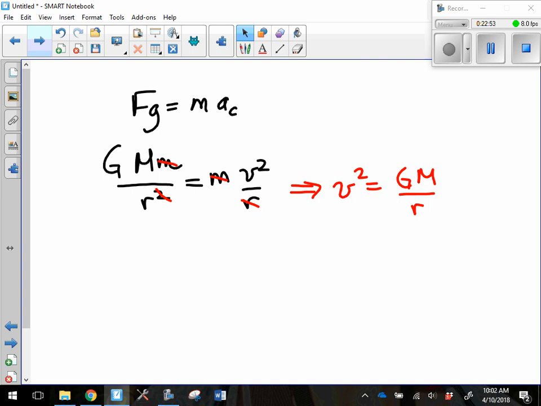So if somebody says, hey, I want you to put a satellite that has a period of 6 hours around the Earth, how high up does it go? Well, you've got a period. You need to convert that period into a velocity, and then you can solve for what the radius is.